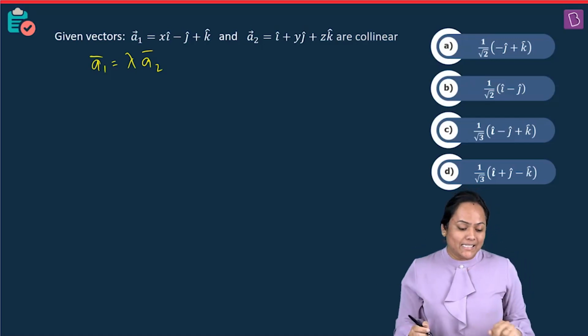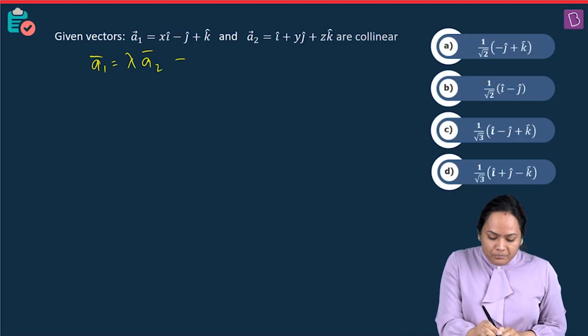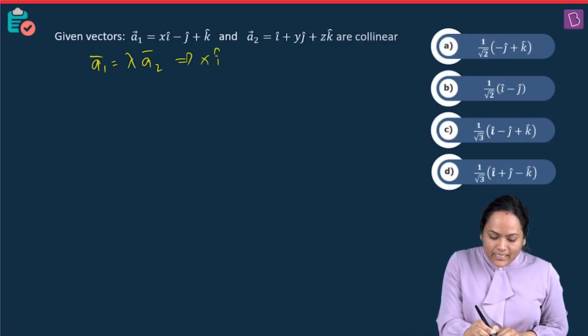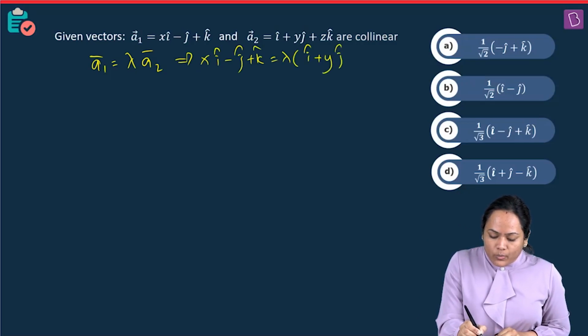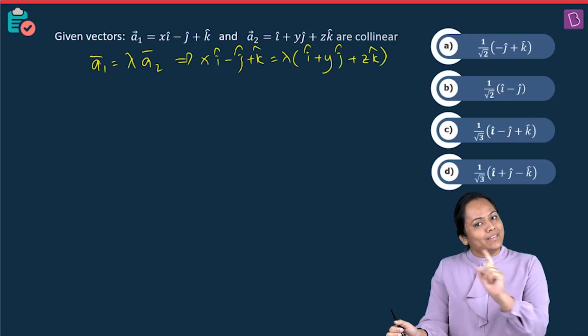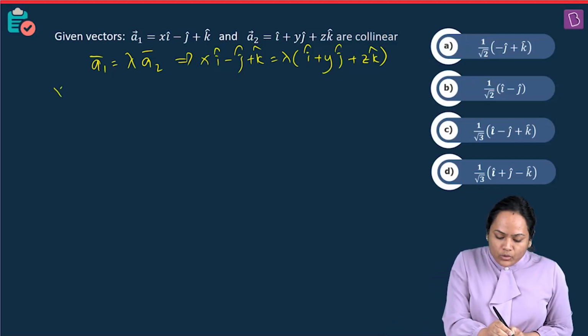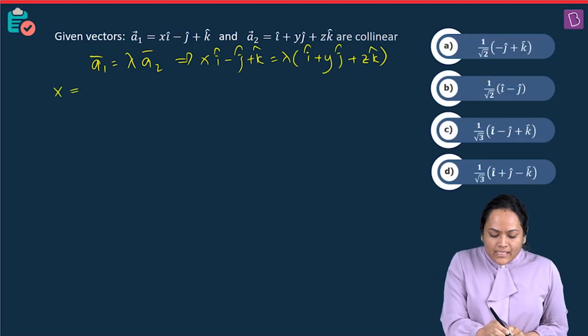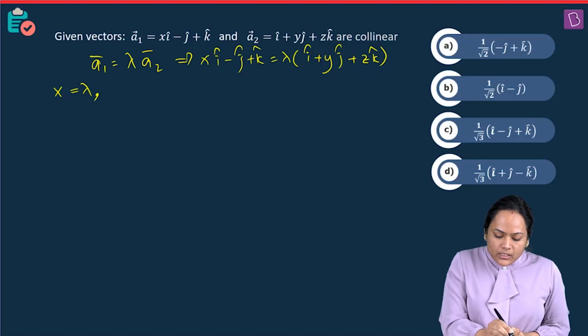What am I saying is that if I substitute my A1 vector, it's xi cap minus j cap plus k cap is equal to lambda times of i cap plus yj cap plus zk cap. We can directly equate the coefficients of i cap, j cap, and k cap. Right? So when we do that, I'm going to get x is equal to lambda.